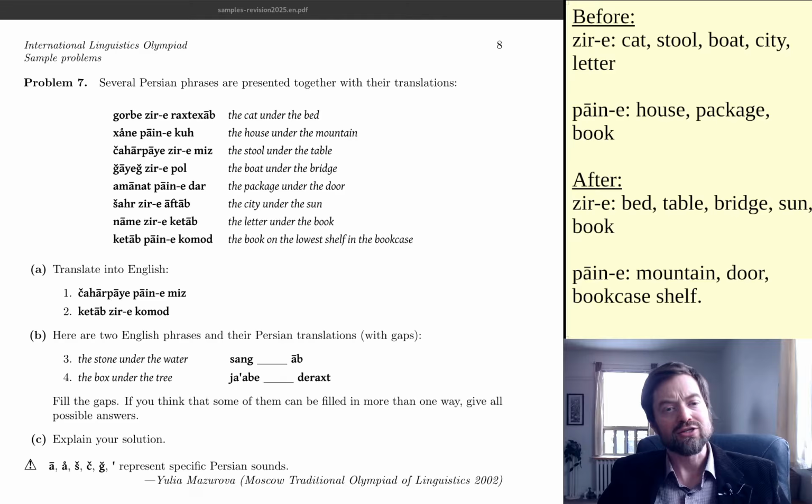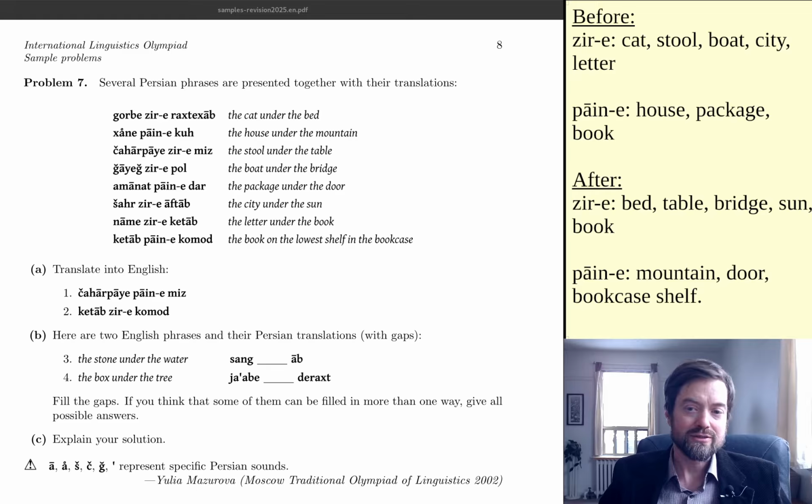Ooh, but once again, that is a trick. I mean, would you really call the book on the lowest shelf of a bookcase the book below the bookcase? No. So that is really, really hard to imagine how that would even be gettable. And so, okay, under the book.